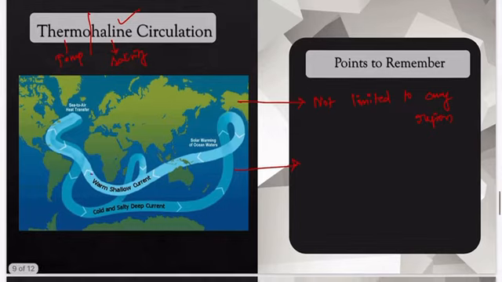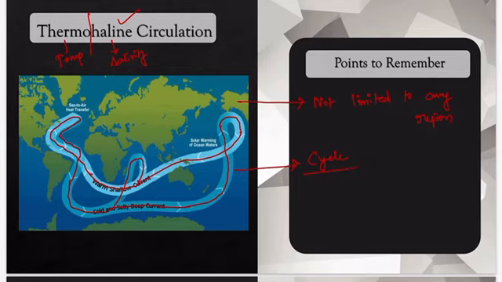Okay, so the water is moving like this, and then it is coming in this direction, and it is flowing this way, and it is entering into the Indian Ocean, and another branch is moving into the Pacific Ocean, and then it is returning back, and it is moving into the Indian Ocean, where it joins with the Indian Ocean branch, and after that it is moving into the Atlantic Ocean. Thus it completes a cycle, right? So as a whole, it looks like a conveyor belt.